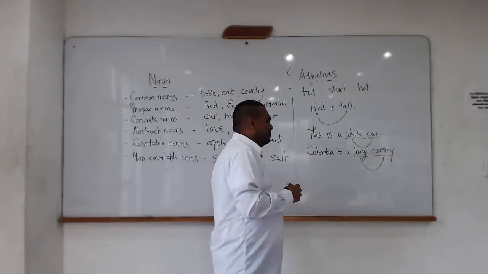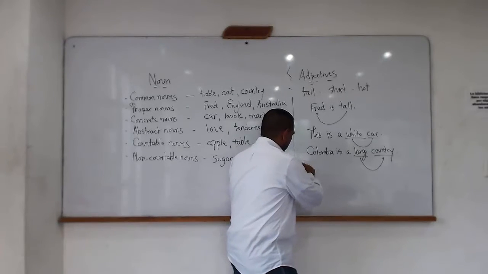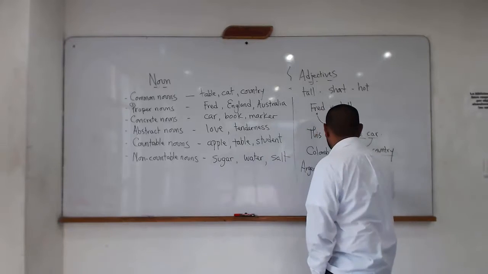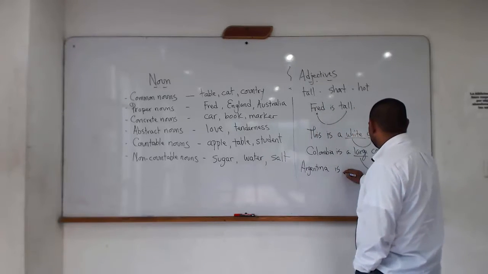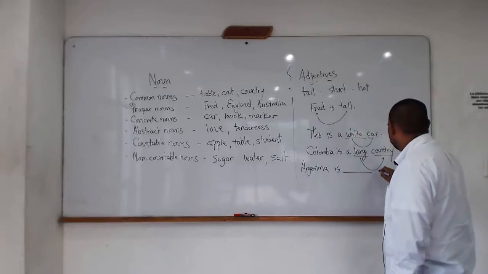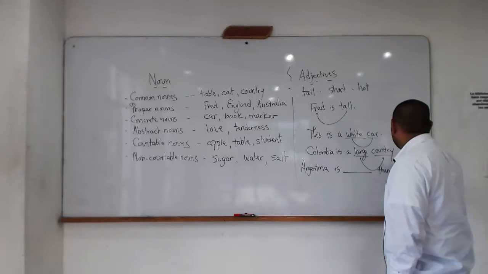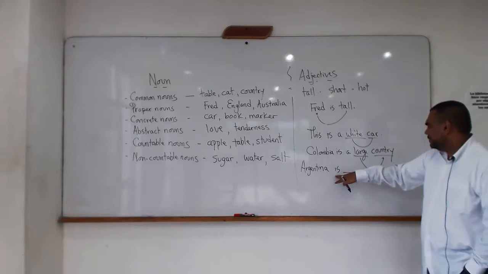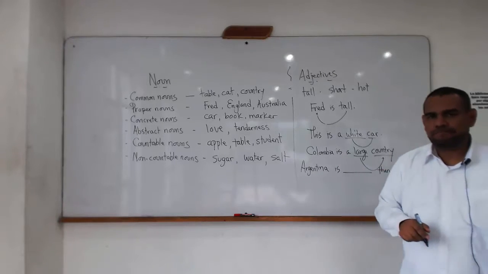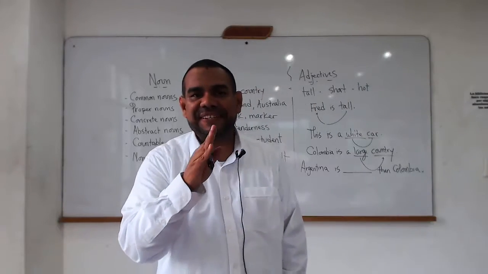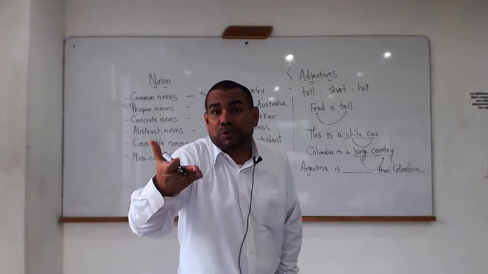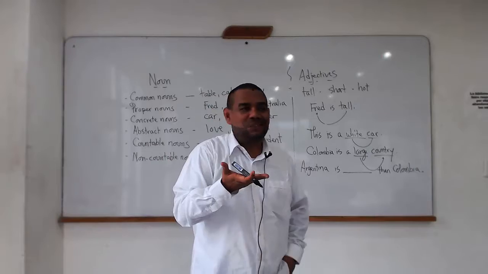But, for example, when we say, look at this, Argentina is than Colombia. Now, we have the need to compare two countries. Well, sometimes our speech is going to place us in that context.